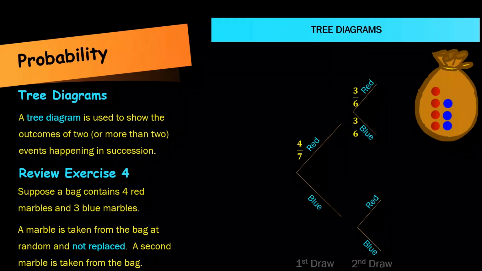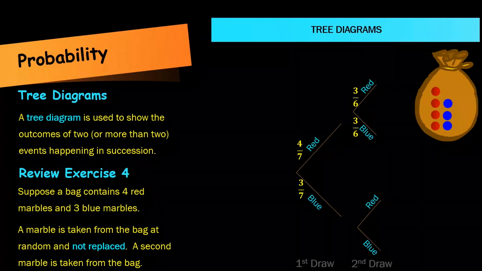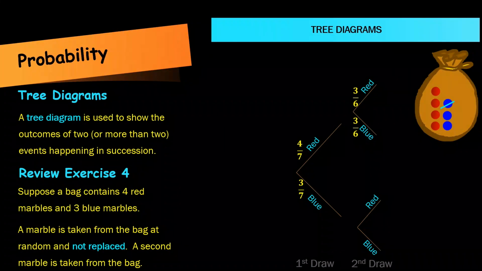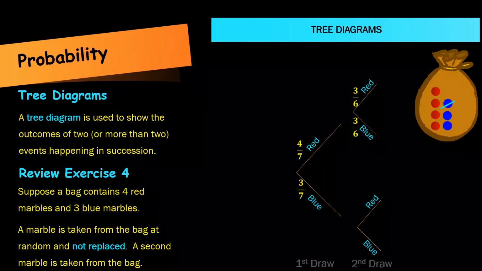Now, if we go down the blue route on the first draw, the probability of drawing a blue is 3 out of 7, as shown. But once we've taken a blue marble, we have to eliminate that from the bag. And so we have 4 red marbles left and 2 blue marbles left.